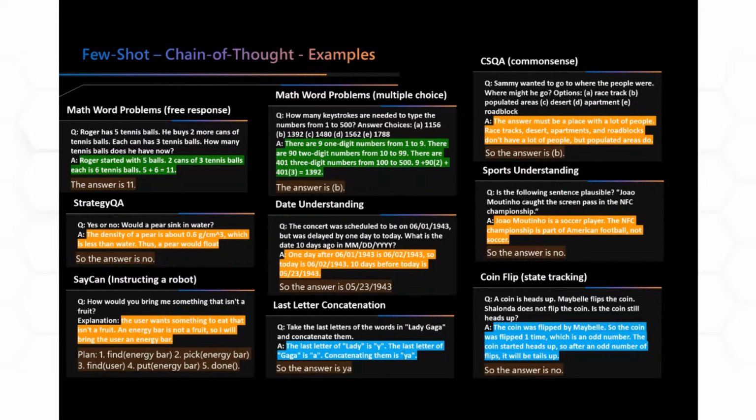And there are 401 three-digit numbers from 100 to 500. And then we're telling it that means it should add 9 plus 90 times 2 plus 401 times 3 equals 1392. So the answer is B. That would all be a few-shot prompt that we would give the model to train it to reason. There are some of the other examples you can go through later, but I wanted to put this here so you can understand the different ways you can teach a model to reason.